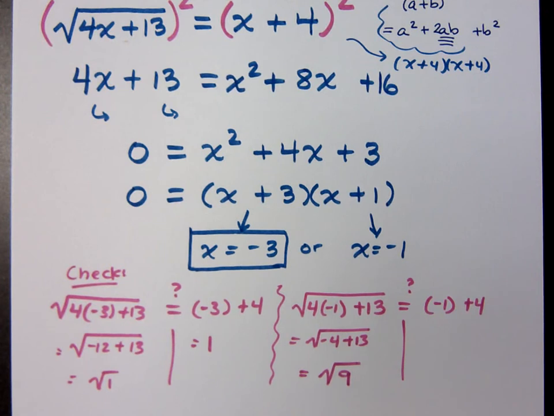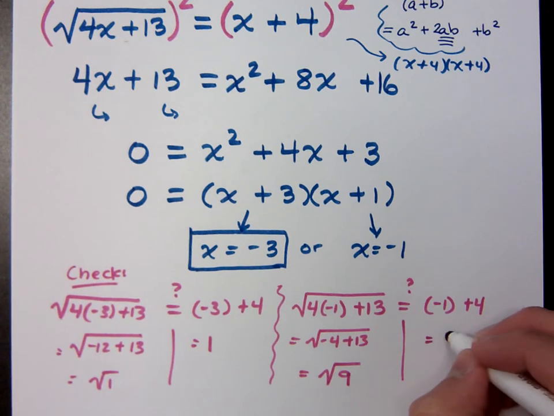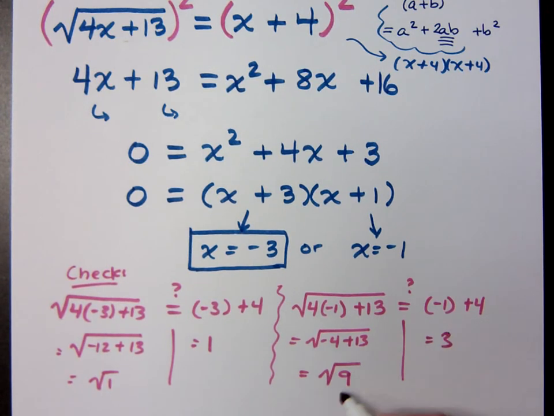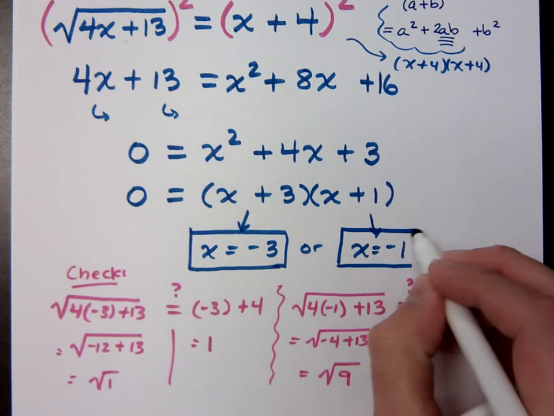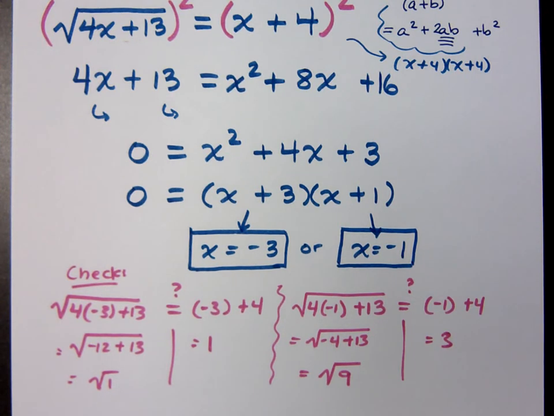Of 9, right? 13 minus 4. If you're 13 years old, 4 years ago you were what? 9, not 11. Over here, what's negative 1 plus 4? 3. So it's 3. Does square root of 9 equal 3? So that means I have 2 solutions here.